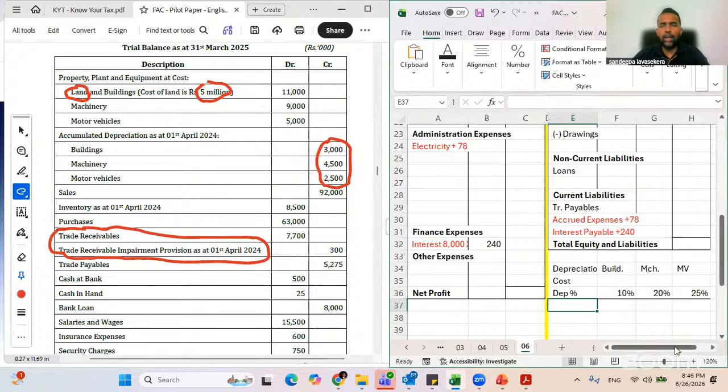Of that 5,000 is land. So the building is 6,000. Machinery 9,000. Motor vehicle 5,000. So you can calculate the depreciation now. 600, 1,800 and 1,250.